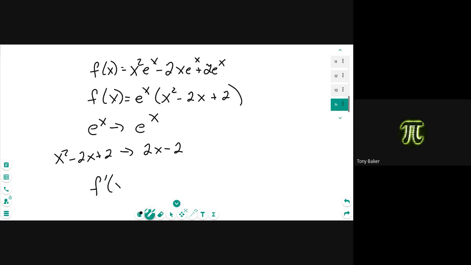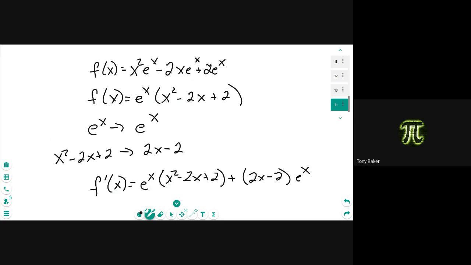So f prime of x is the derivative of the first, so that's e to the x times the second, plus the derivative of the second times the first, correct?